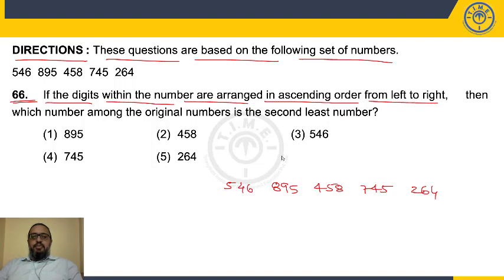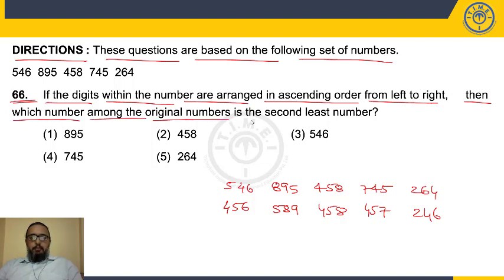So within the number, the digits will be arranged in the ascending order from left to right. So this is 456, 589, this is 458, this is 457, this is 246. Then which number among the original numbers is the second least number?